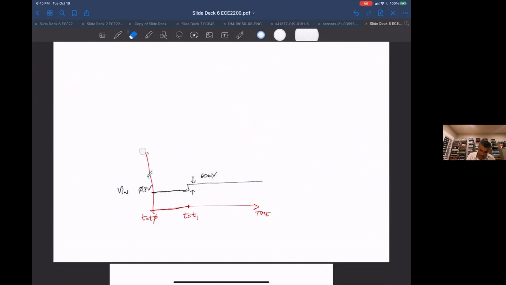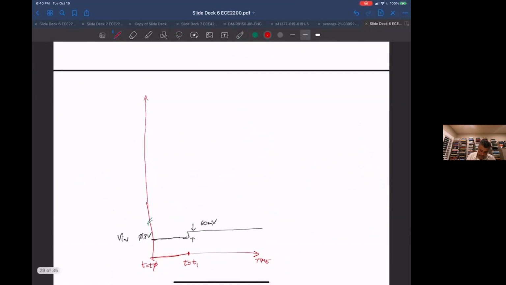That's still probably not drawing to scale, but if I was going to draw it, the V out would be up here somewhere. At this point, it's going to be 9.77 volts up here.